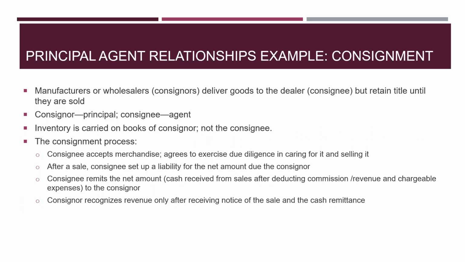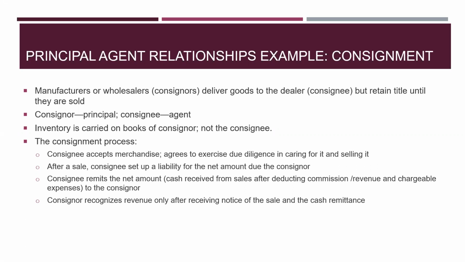Then we are looking at our consignment relationship. So your consignment is where you have a consignor and the consignee. Consignor is the party that is the manufacturer or the party that holds legal title to the goods. But the goods are physically held by the consignee. So the consignee gets some sort of commission by facilitating sales for those consigned goods.